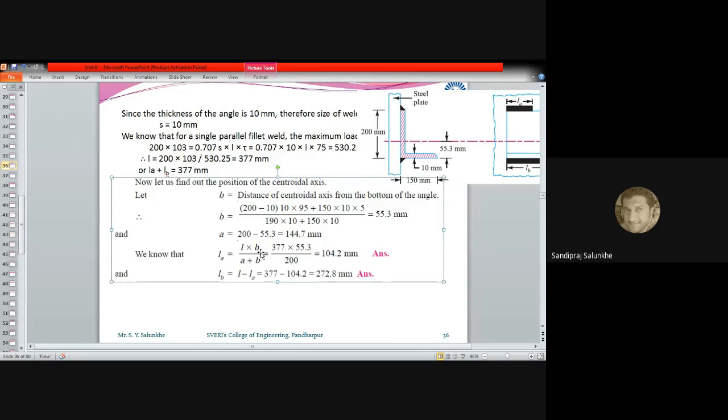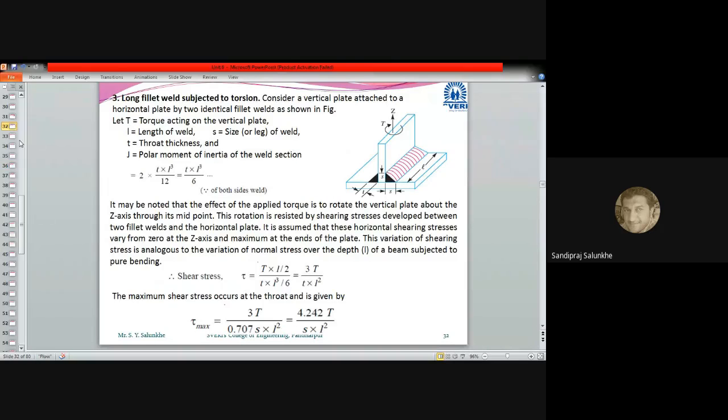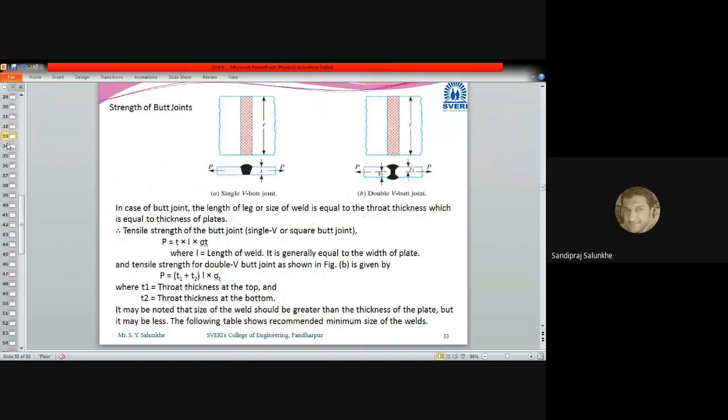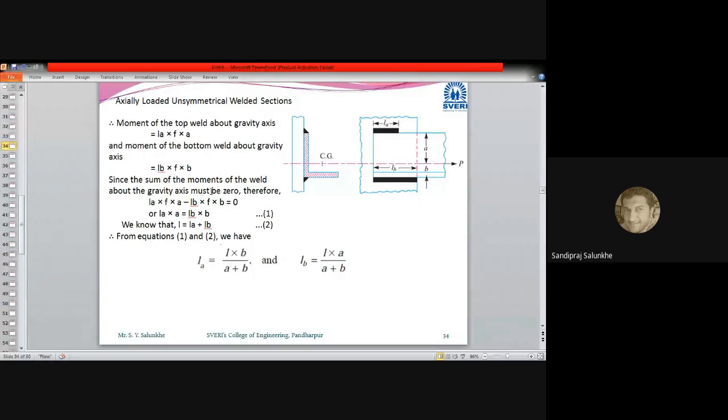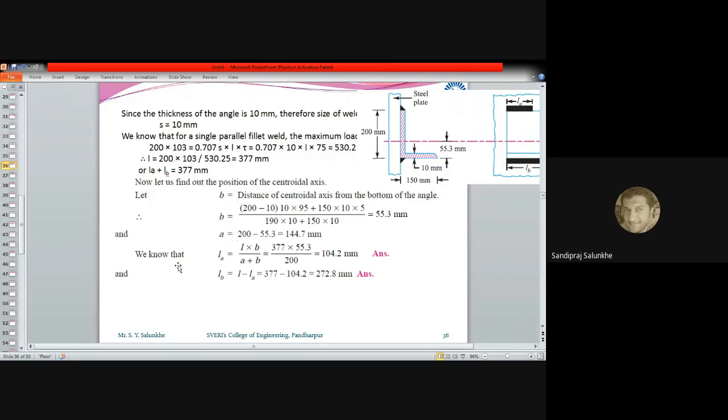Now we calculate LA by means of two formulas: LA into A is equal to LB into B, and L is equal to LA plus LB. From these two formulas, we have derived LA and LB in terms of L, A and B. So LA is L into B divided by A plus B.